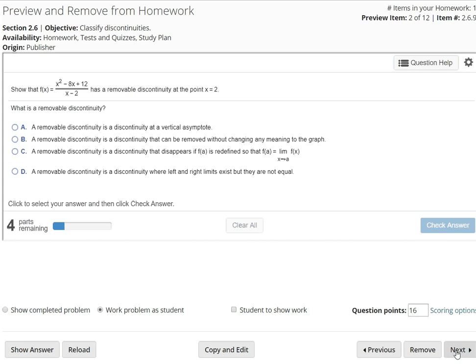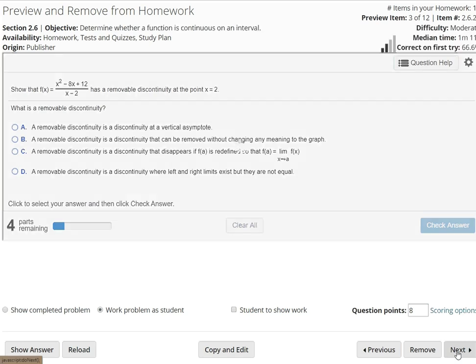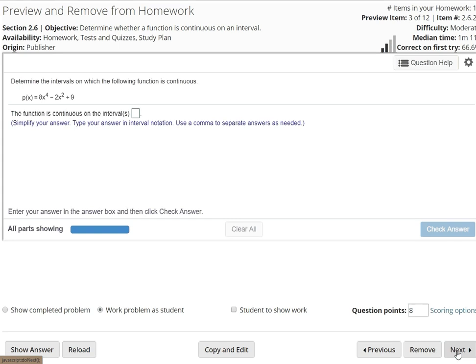Which one were you looking at? Okay, the question on determining intervals where it's continuous. What's the answer to that one? Yeah, it's a polynomial, right?